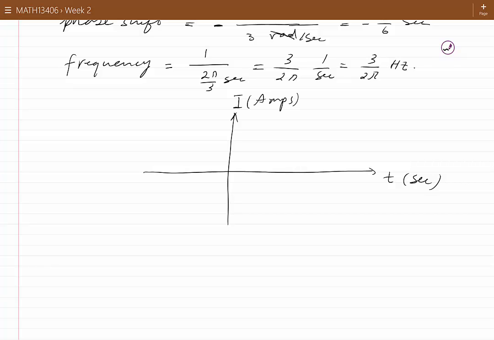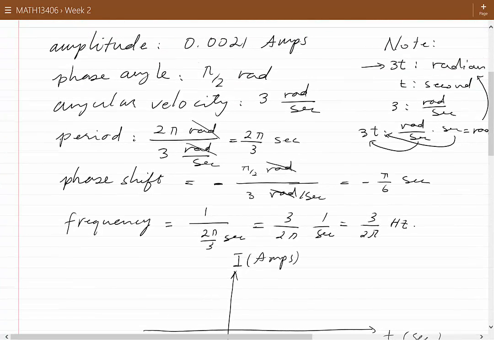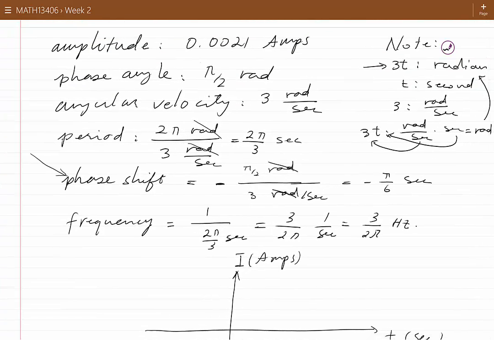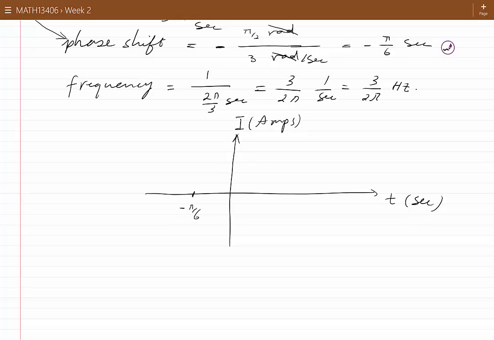We first start by finding the phase shift on the time axis. That's minus π/6, somewhere around here. This is one of our points of interest, so I make it clear that I'm interested in this point.